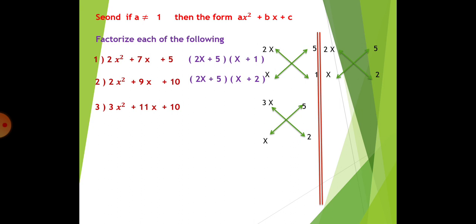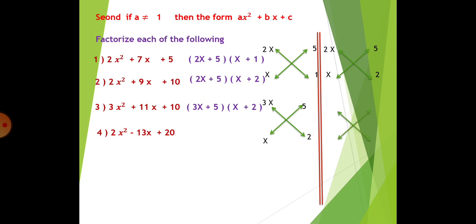If we change 5 and 2, it will be 3 times 5, 15, and 2 times 1, 2, it will be 17x. So if we factorize 3x power 2 plus 11x plus 10, it will be 3x plus 5 and x plus 2.